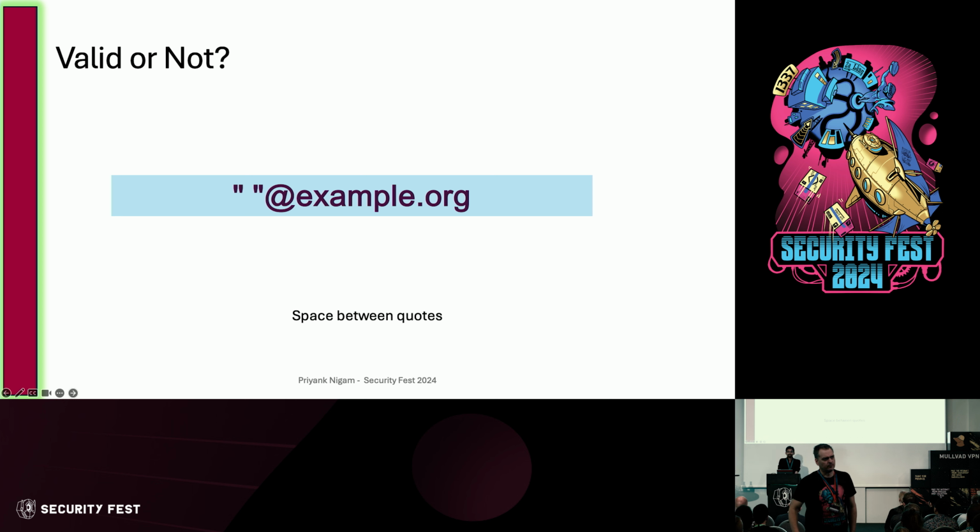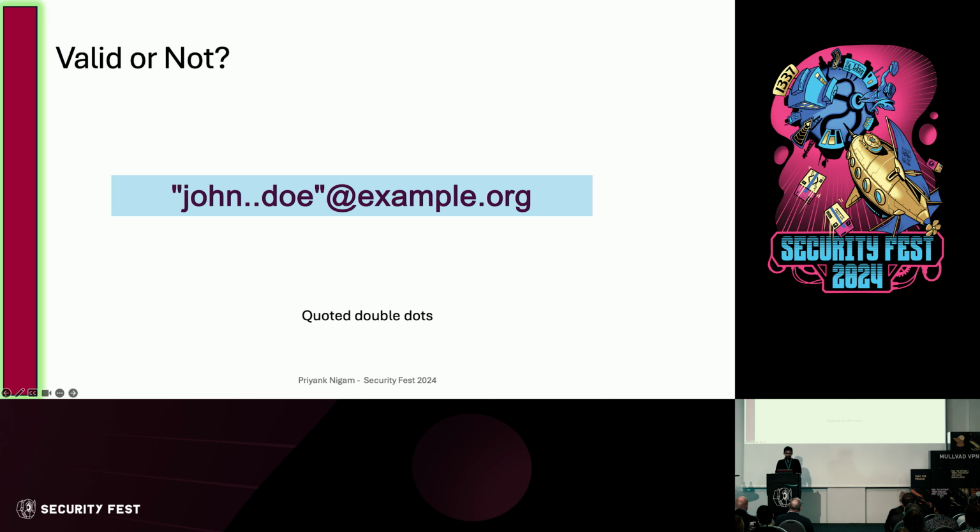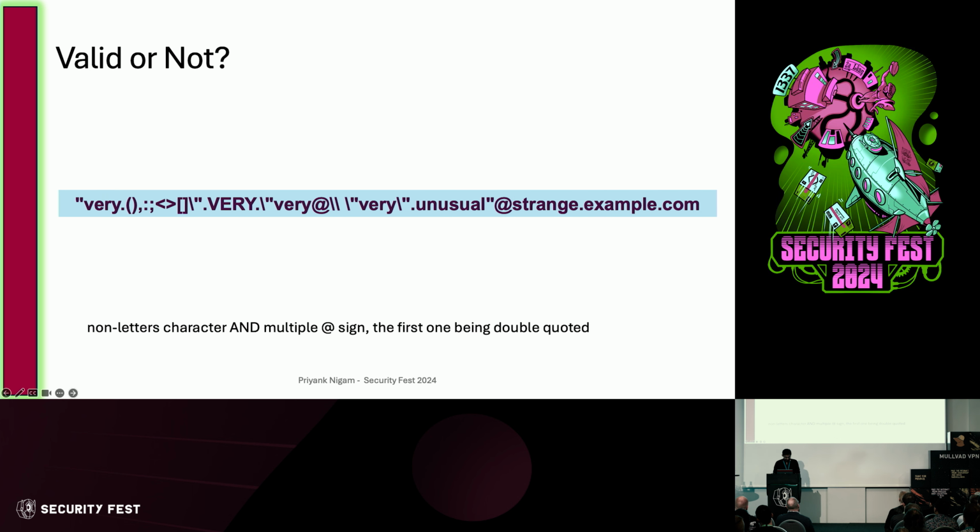Is this valid? No? Yes? All right, it's a valid email address, as per the RFC. Let's move on. Quoted double dots. Yes? All right, it is valid. Non-letter characters and multiple @ signs. The first one is a double-quoted one.